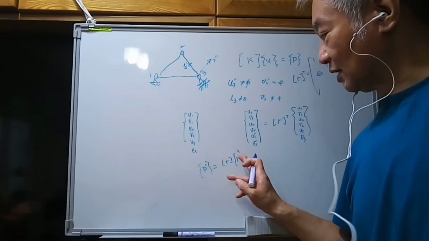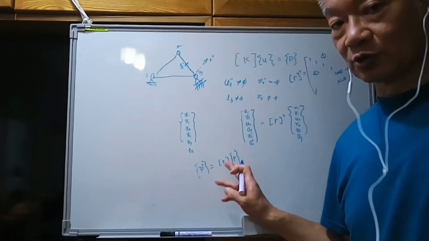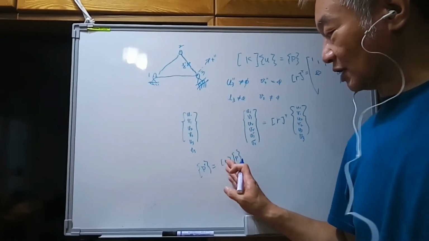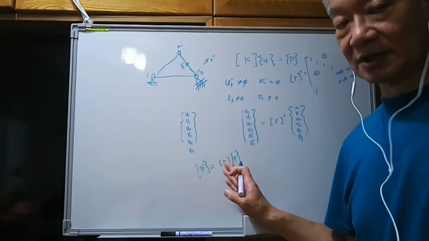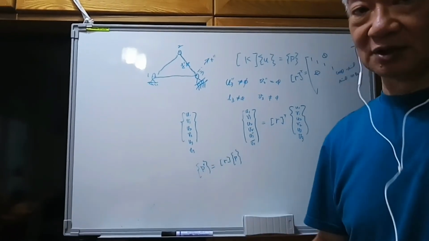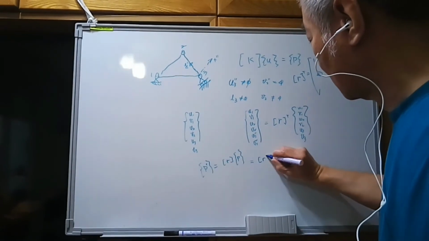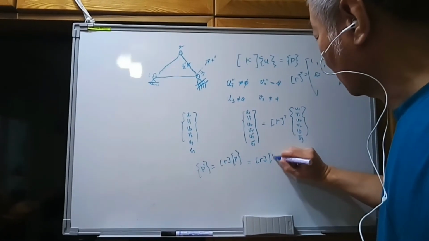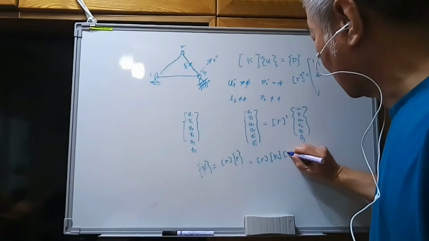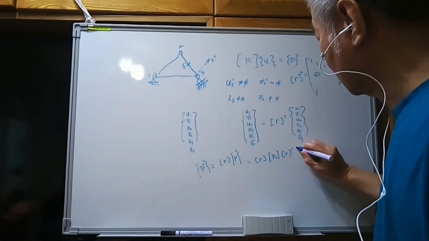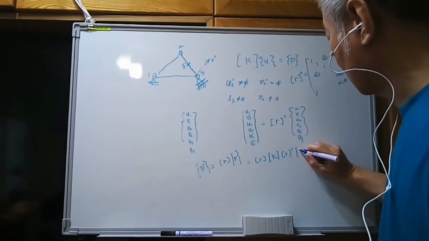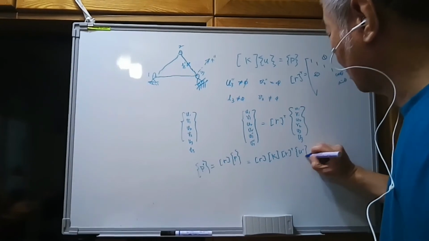Okay, so if we got the vector components in global coordinates, then we can pre-multiply the R matrix to give you the P double prime. And it will be the R times global K times R transpose times U double prime.